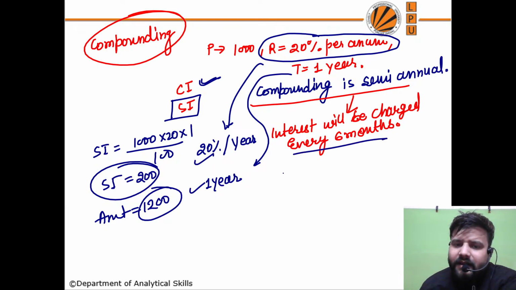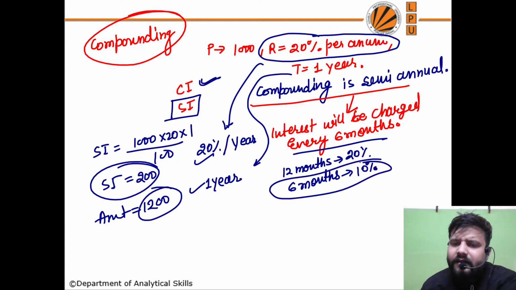Now, see here. 1 year means 12 months, rate of interest is how much? 12 months rate of interest is 20%. But we will charge interest after every 6 months. So rate of interest for 6 months will be how much? It would be 10%. Isn't it?